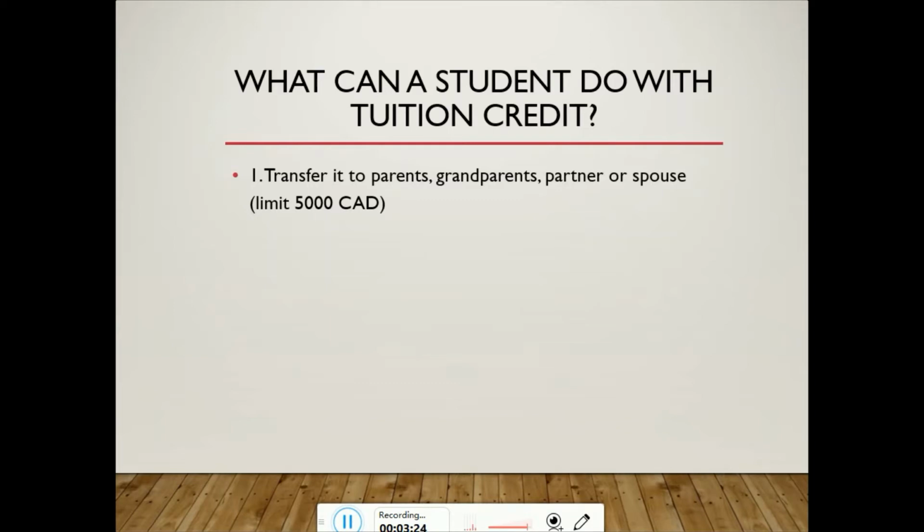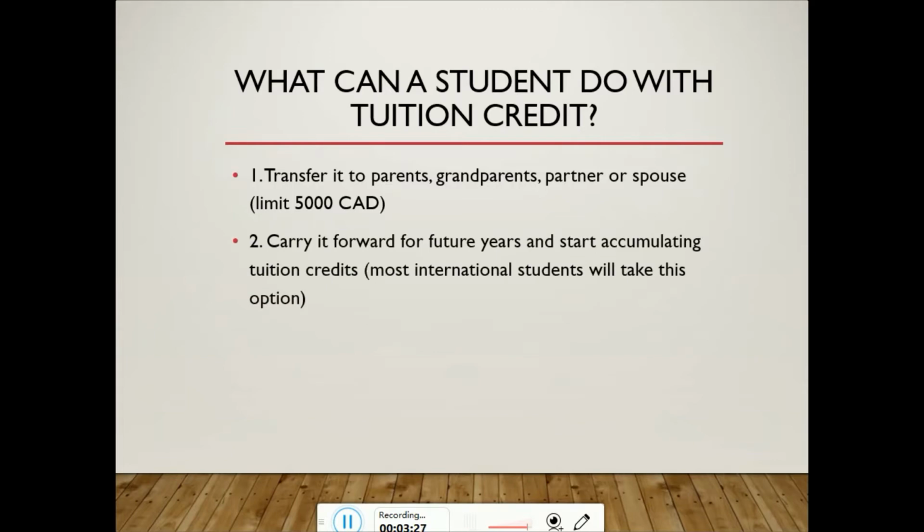The second option is you can carry it forward for future years and keep accumulating tuition credits. This is what most international students will do because they don't have any family here and they want to accumulate tuition credits, because it's very hard-earned money which you're paying as tuition fee. And the third option is you can use it in the current year.